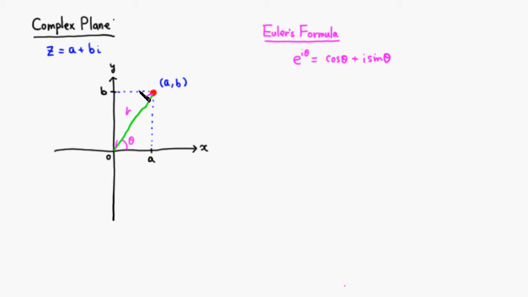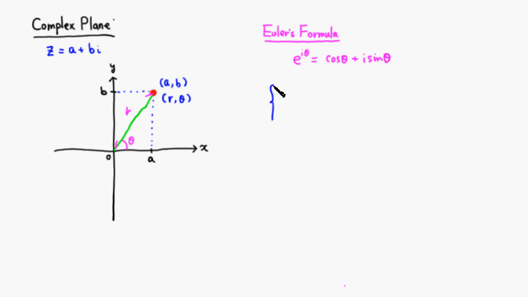In polar coordinates, this same point can be written as (r, theta).